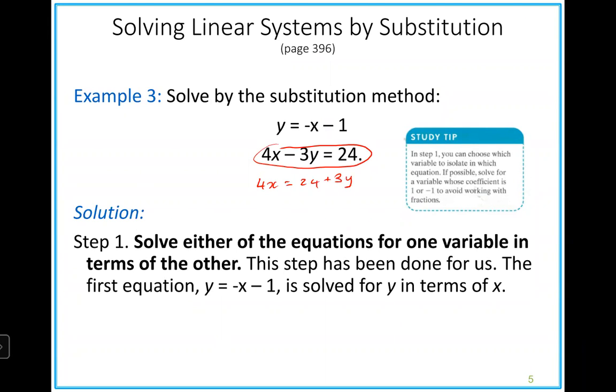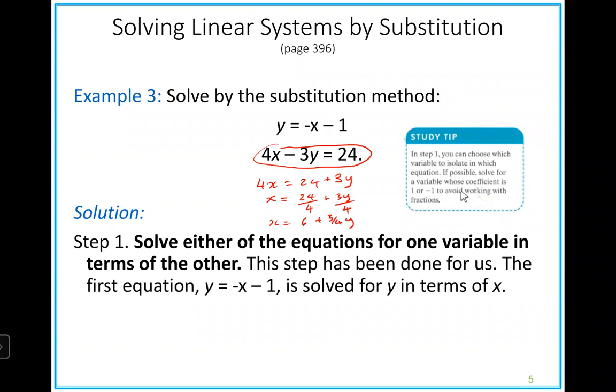And then you would say x is equal to 24 divided by 4 plus 3y divided by 4. So x would be equal to 6 plus 3/4 y.